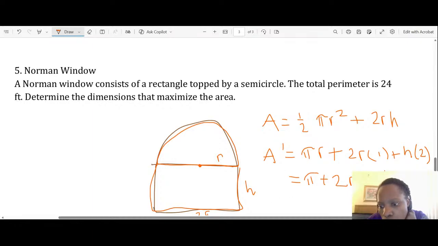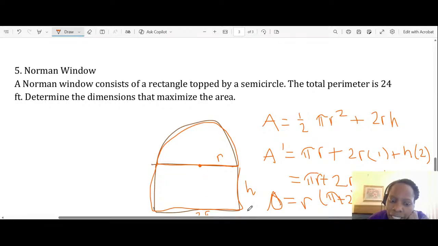And okay, so we're going to say, you said that equal to 0? We want to maximize the area. What do we know about that?